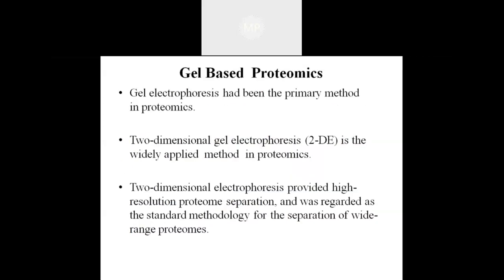It is gel-based proteomics. In gel-based proteomics, we use the electrophoresis concept to offer information on protein properties such as molecular weight and isoelectric point. Actually, it is the most popular and cheaper approach to screen protein expression in large scale studies. Among these techniques, the two-dimensional gel is a widely used method which provides high resolution proteome separation.